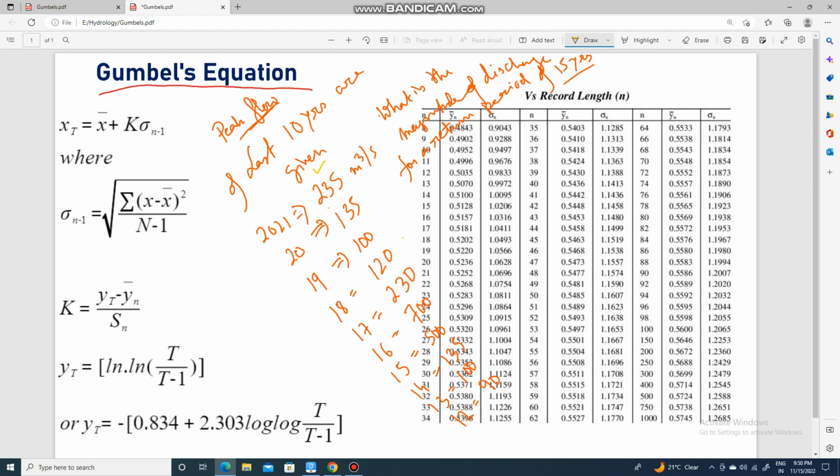For example, the maximum discharge observed in the peak discharges of the last 10 years for a certain river basin, you can see the highest was this 700, followed by this one, 500. 700 gone, now this one 235, then this one 230, correct?